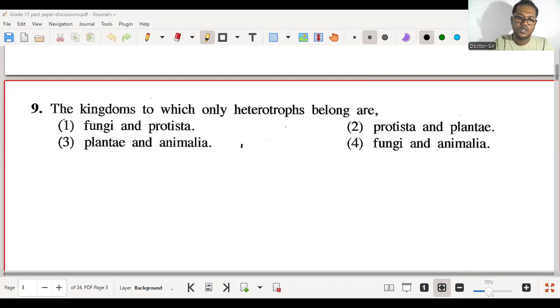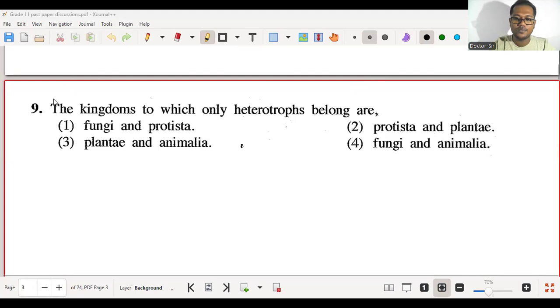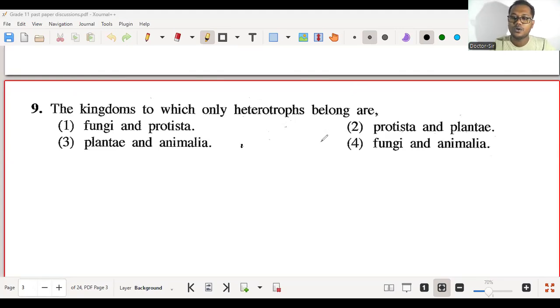Yes, superb. So they ask about the heterotrophs. What are the answers? Fungi is okay, but protista is not heterotrophs.